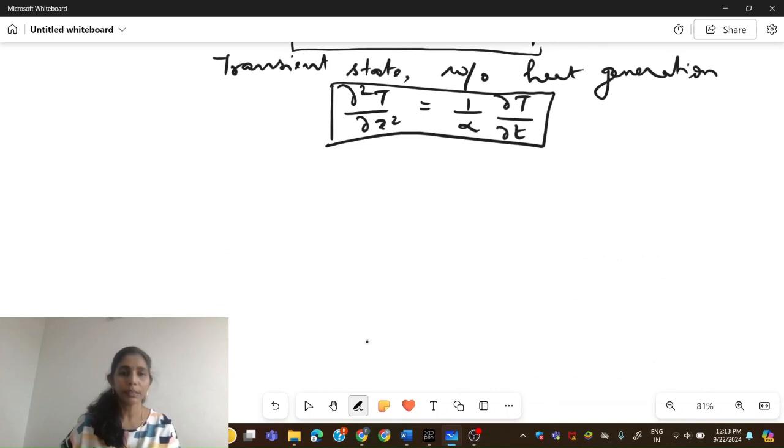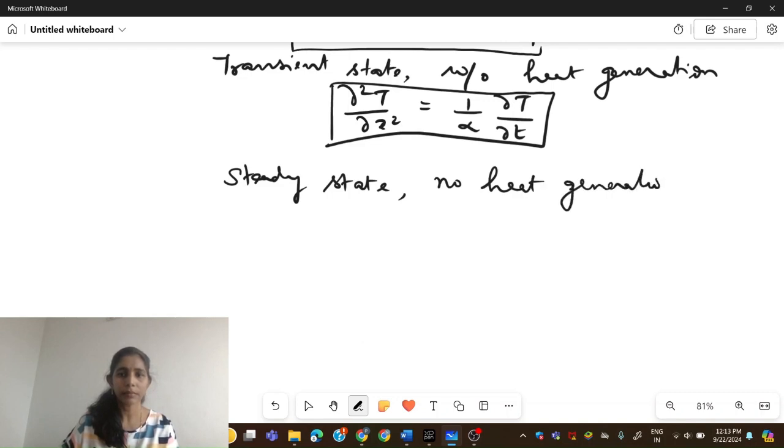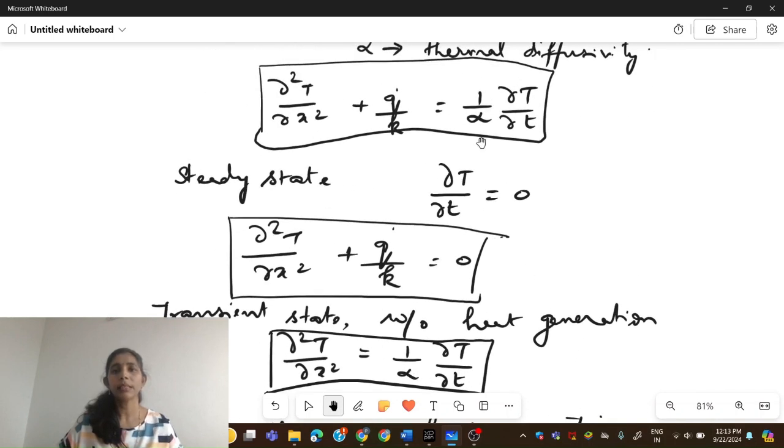Then next you have the third condition, that is steady state and no heat generation. Right? So in that case, steady state means this right hand side will go.